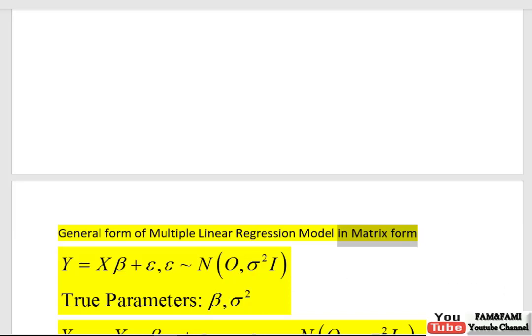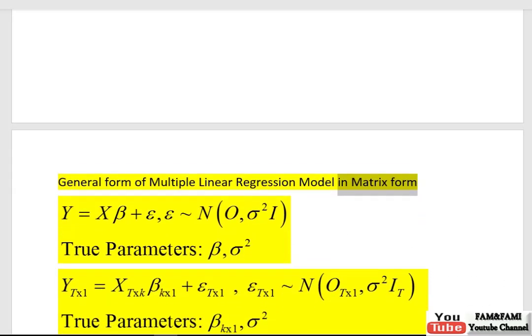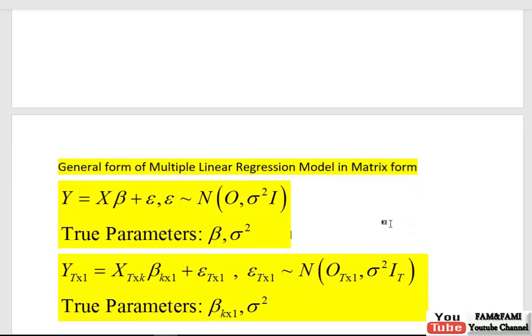So it's a good idea to write this model using subscripts, by adding the dimension or order of each of these vectors and matrices. Y is a vector, its order is t rows 1 column, so t by 1, and this X is a matrix containing t rows and k columns, so write in the subscript the order as well: t by k.